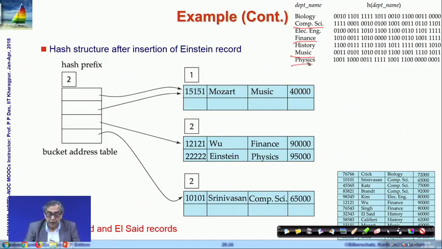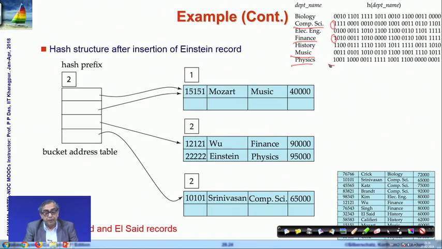So, what would happen when you try to insert Einstein? You already had computer science with 1 prefix and finance with 1 prefix. So, you had in bucket 2 corresponding to 1, you already have 2 records. That bucket is full, assuming that it can take only 2 records. So, now you get another which is value 1. So, its value is 1.